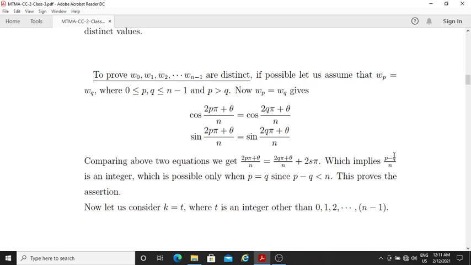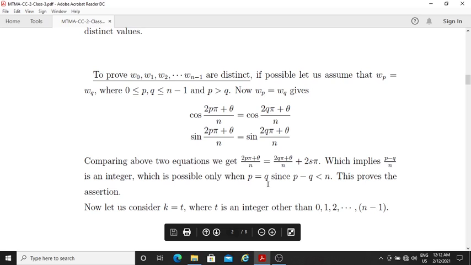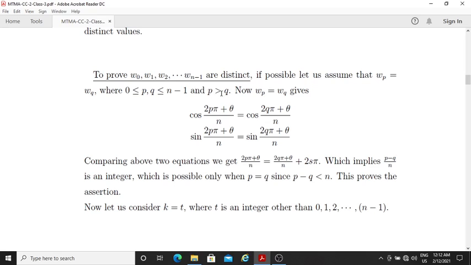That's the only possibility. If you put anything positive over here, then this will be less than n, and that will be a fraction, which will not be an integer. So definitely p minus q has to be 0 to be an integer. So if p minus q is 0, then p has to be the same as q. But we have assumed that p is greater than q.